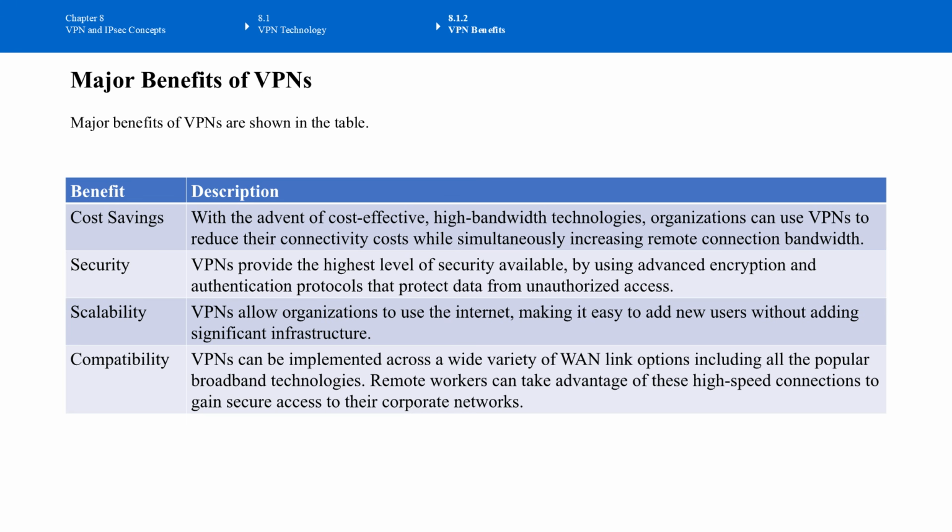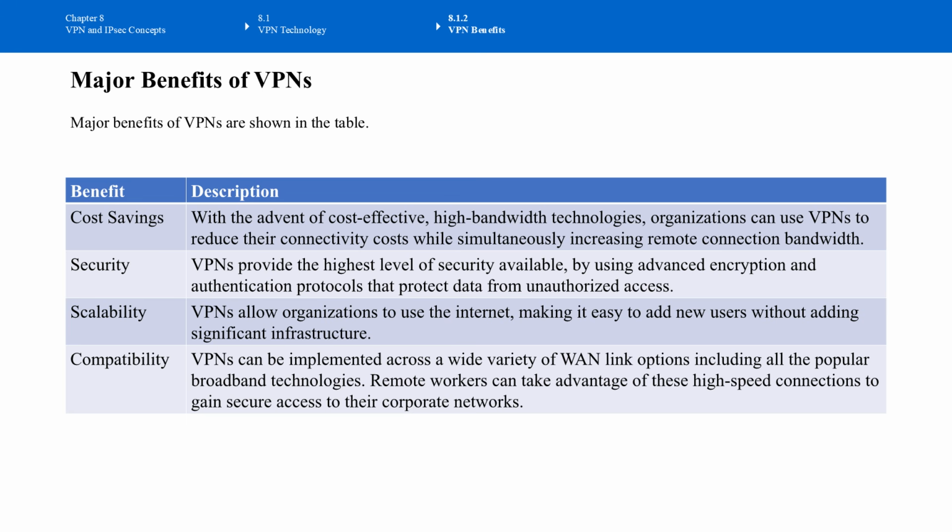The table here shows the major benefits of VPNs. Number one, cost savings. It reduces networking costs by using the public internet instead of expensive private WAN links. Then we have the security benefit: protect data with encryption and authentication. Also, scalability.